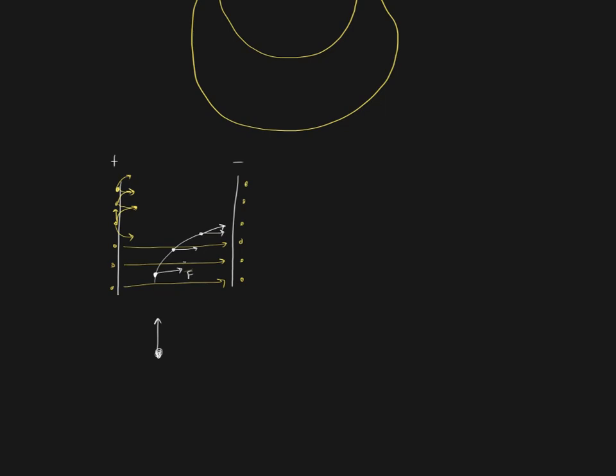This is no different than looking at the gravitational field, where this is the Earth, and the gravitational field points straight down. You throw a baseball horizontally, so V initial is horizontal, and that baseball follows a path which is parabolic to the Earth. So the force is always going to be parallel to the electric field. That's an important point.